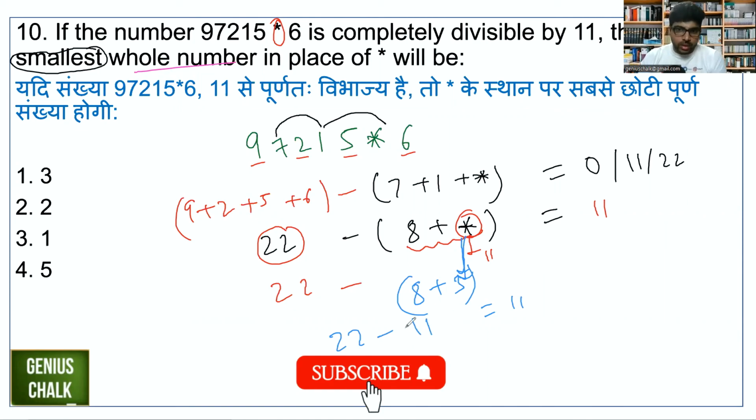Now if you have 22 here, then it is 22 minus 22 also. Again the same problem. If you give 14 here, it is not possible because again star is a single digit value. So what is the answer of the question? We can only give the smallest digit as 3, right?